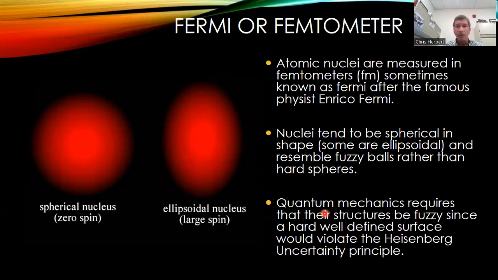More commonly, we usually use the unit called the Fermi, named after Enrico Fermi. And nuclei tend to be spherical in shape. However, some are ellipsoidal if they have a very large spin. The nucleus is usually represented by a bunch of hard spheres plastered together, but it is truly on the quantum mechanical scale.